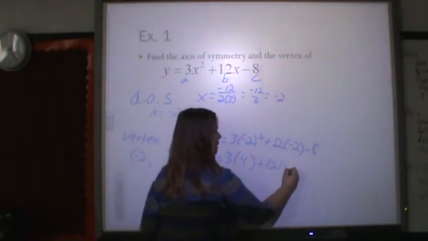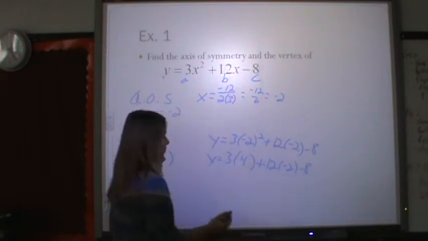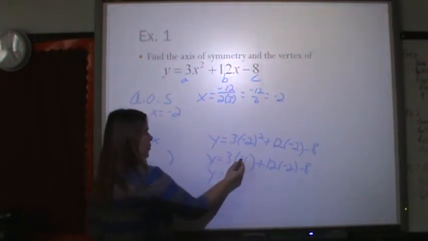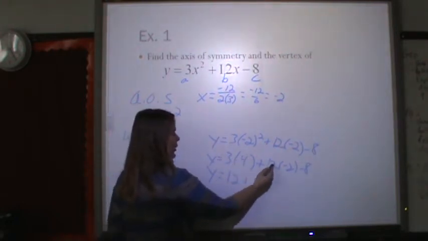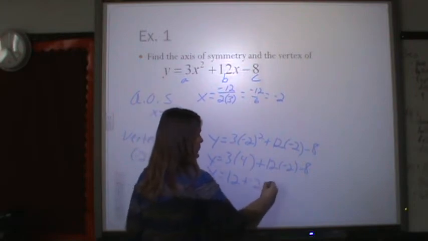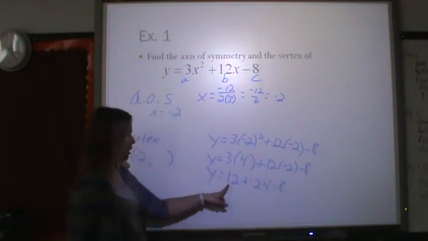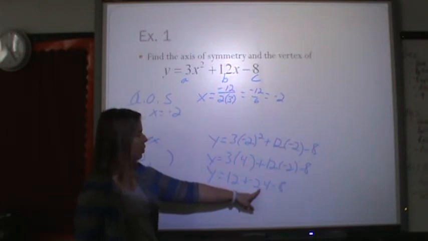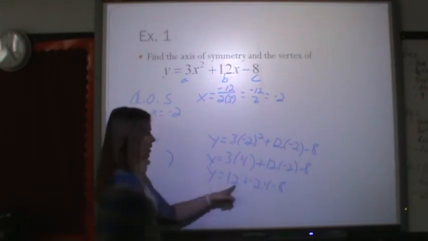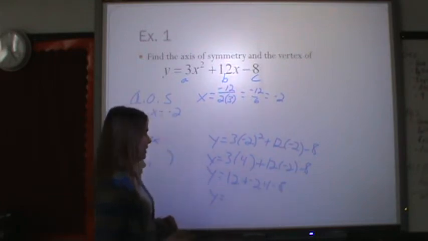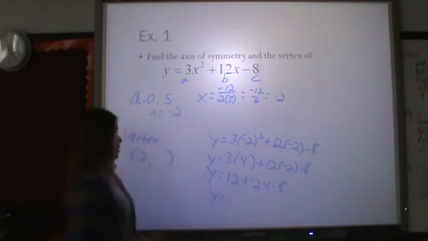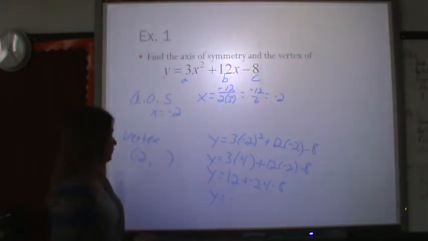Plus 12 times negative 2 minus 8. So y equals 3 times 4 is 12. 12 times negative 2 is negative 24, and then minus 8. 12 plus negative 24 is negative 12, and then minus 8 would be negative 20.